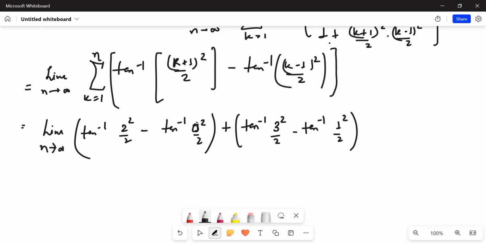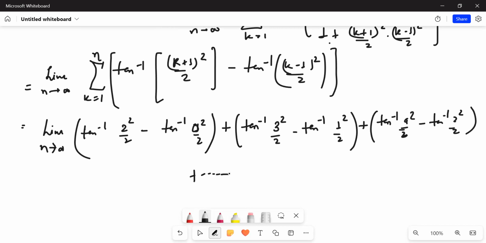Placing 1 here, tan inverse of 0 square by 2 would be 0. If I place 2, this would be tan inverse 3 square upon 2 minus tan inverse 1 square upon 2. Then if I place 3, it would be tan inverse of 4 square upon 2 and tan inverse of 2 square upon 2.